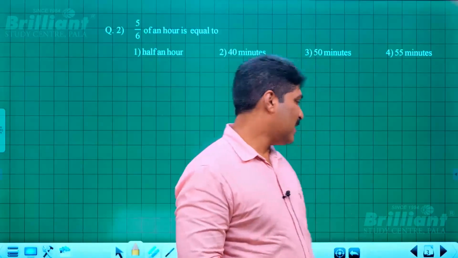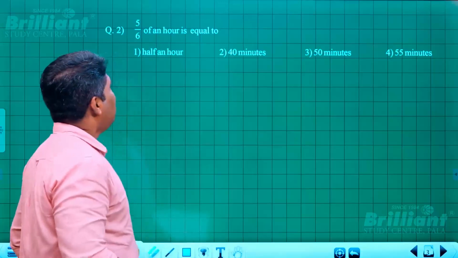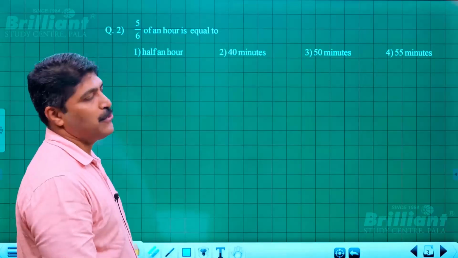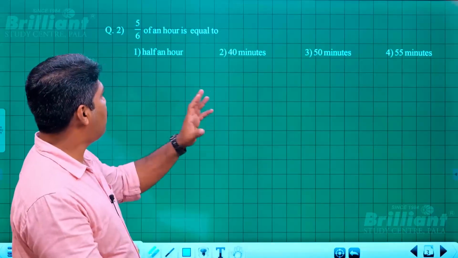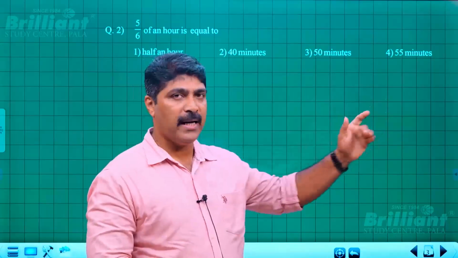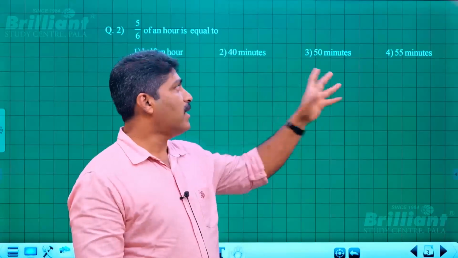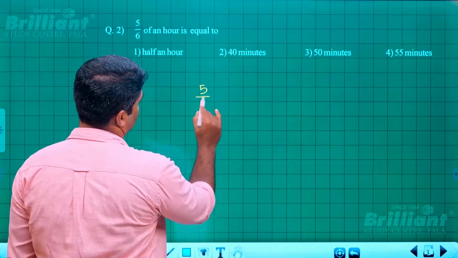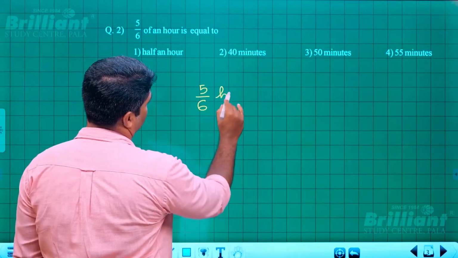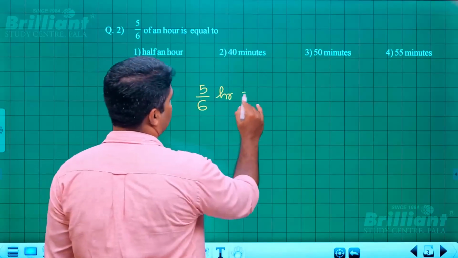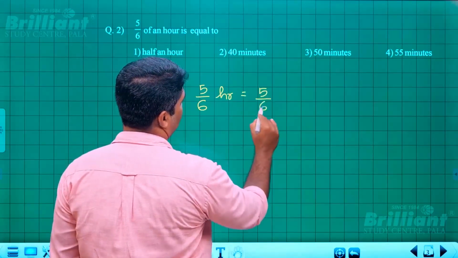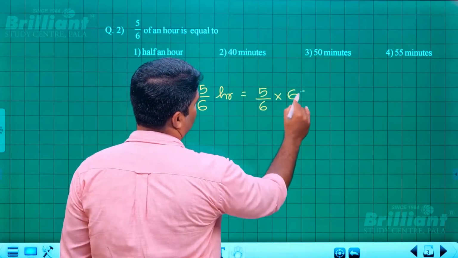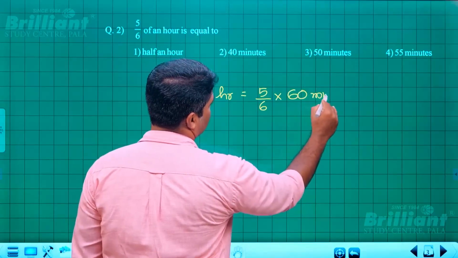So consider the second question here. 5 by 6 of an hour is equal to. While observing the options, except the first one, all are in minutes. So we consider 5 by 6 of an hour. What is 1 hour? 1 hour is equivalent to 60 minutes.